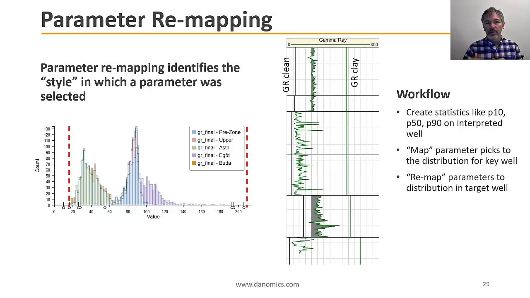If you look at this well log or this histogram, when you pick your gamma ray clean and clay parameters, for example, you're picking them somewhere on or off of the statistical distribution. And with parameter remapping, we measure a number of statistics. We then map your parameter picks to that statistical distribution. And then when you move to a subsequent well, we remap the parameters in that target well.